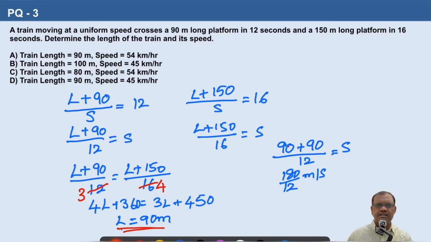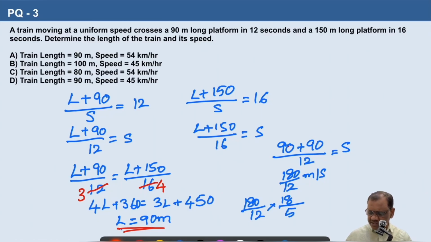But the answers are given in kilometers per hour. So to convert meters per second into kilometers per hour, what we have to do? We have to multiply with 18 by 5.